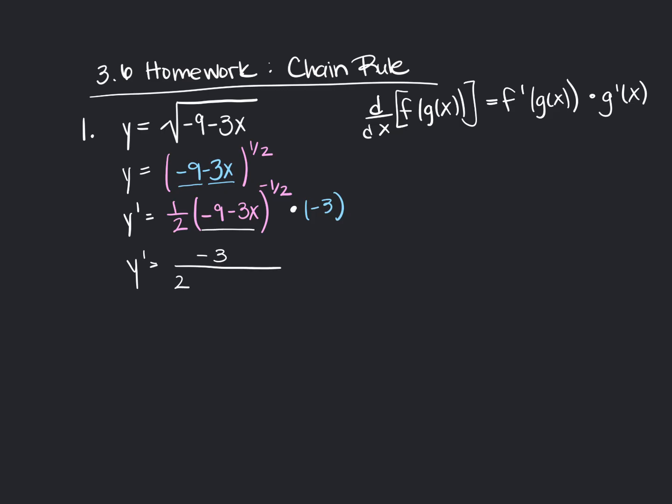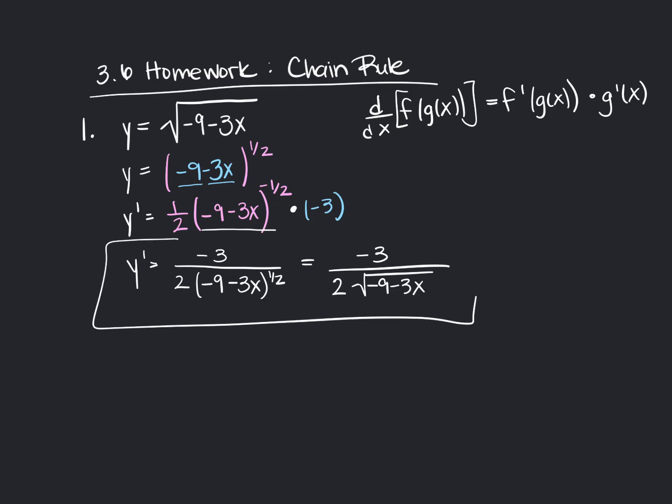And this -9 minus 3x to the -1/2, we're going to move that down to the denominator and make that exponent positive. So you can leave your answer like this, or you could say -3 over 2 root -9 minus 3x. Either way would be just fine.